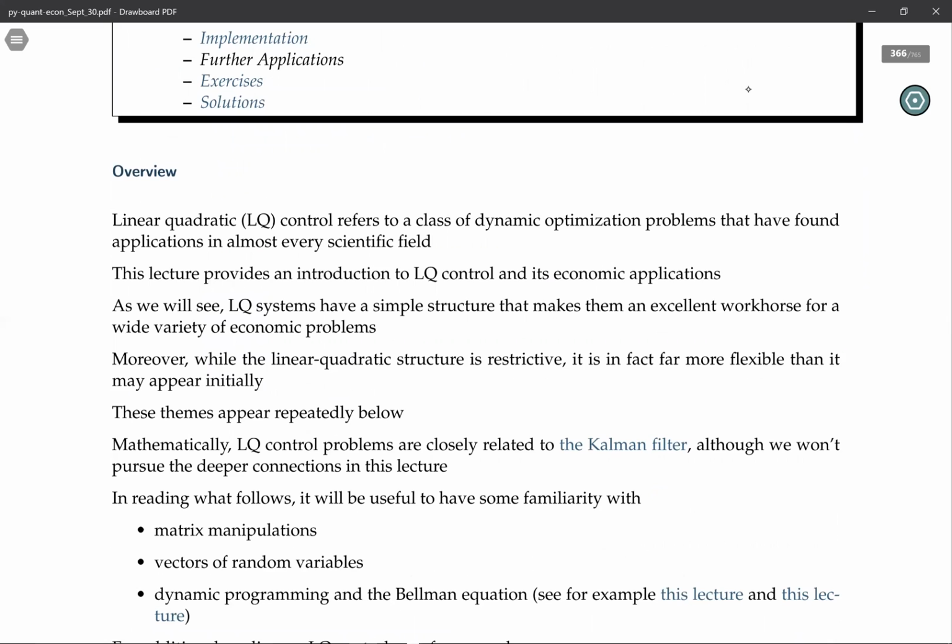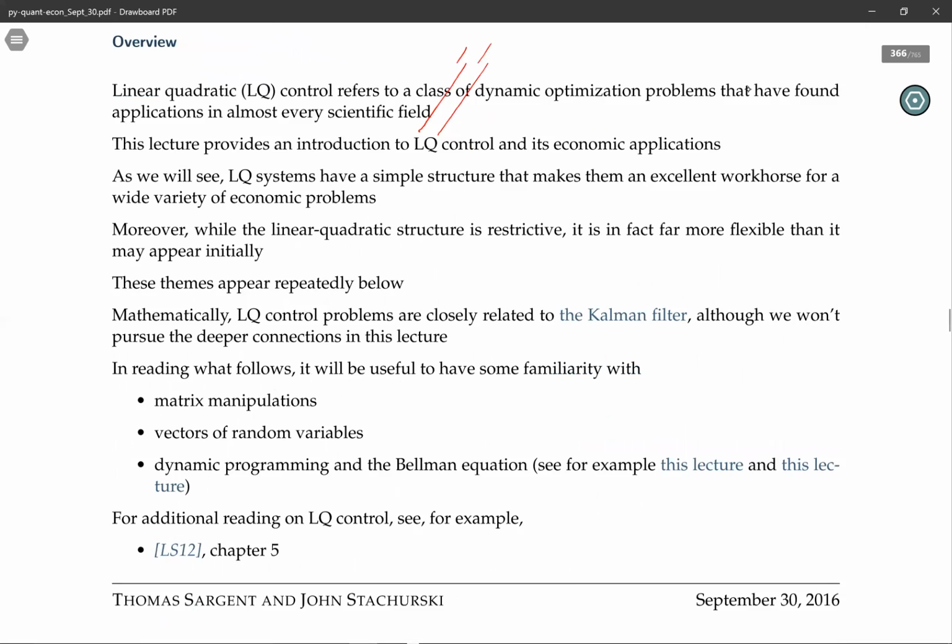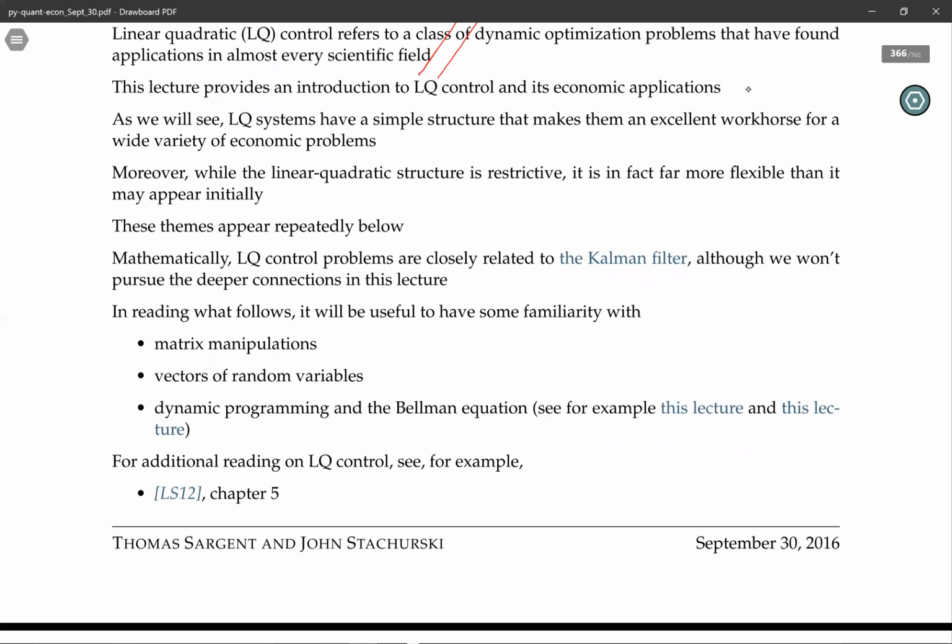So it turns out that dynamic programming is easier said than done. It becomes very practical if you have linear quadratic problems. And so we're going to be watching where we have linear and quadratic. So here's where we're going to go. Our basic tool is going to be matrices, vectors of random variables.